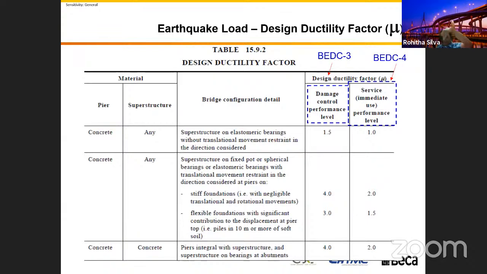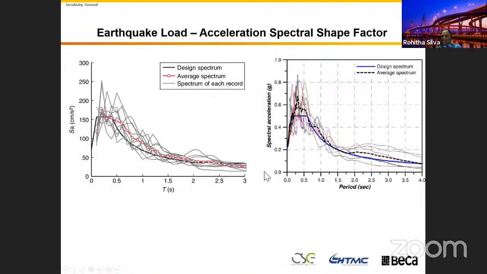Because of that, it can reduce the force. It's not just the numbers, you don't divide by 4 and multiply by 1.7 divided by 4. It's not like that. Then what we're going to do is combine everything together.